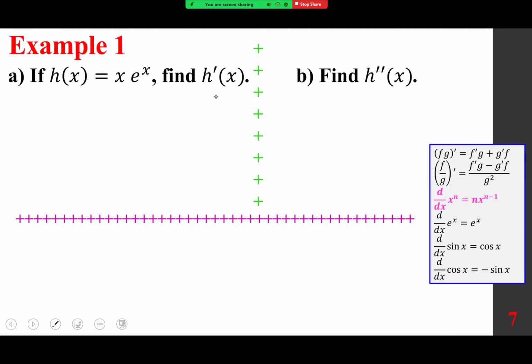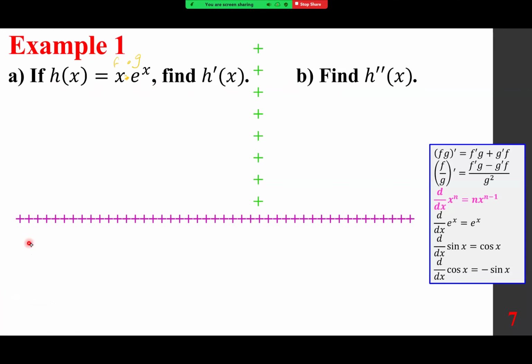So here's an example. It says if h of x is x times e to the power of x, find h prime and find h double prime. So I'll put a raised dot here, and I'm going to call this the f function and this one the g function.